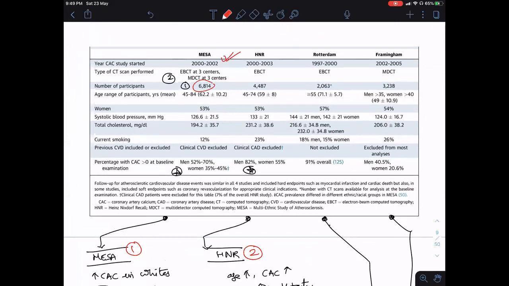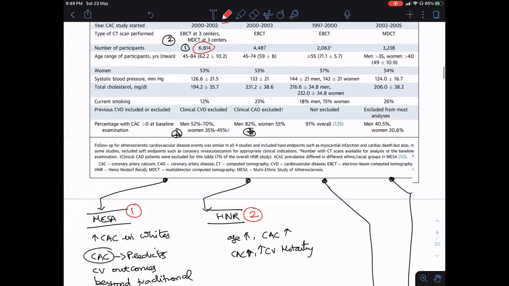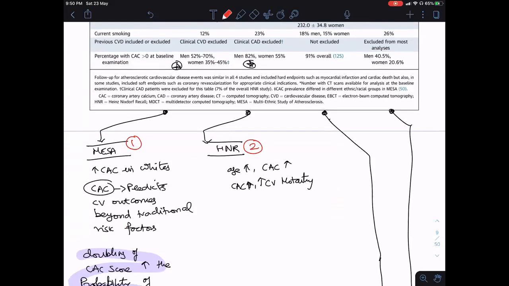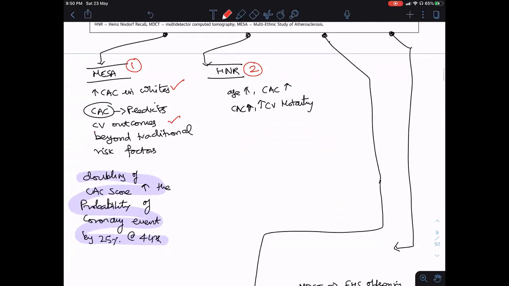It included 6,000 patients and looked at what coronary artery calcium does to patients over the long term. It was found that as the CAC increases, it predicts worsening CV outcomes. This was proven without doubt to be beyond the traditional risk factors. A rough doubling of CAC score, just a numerical doubling, would increase the probability of a coronary event by 25% at 4 years.